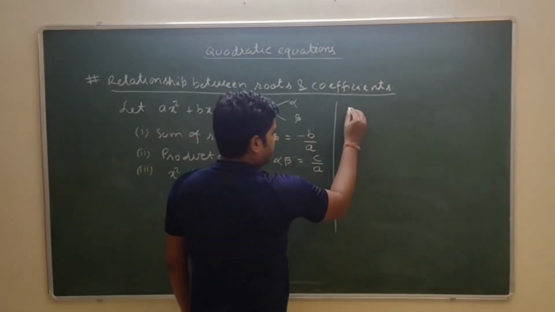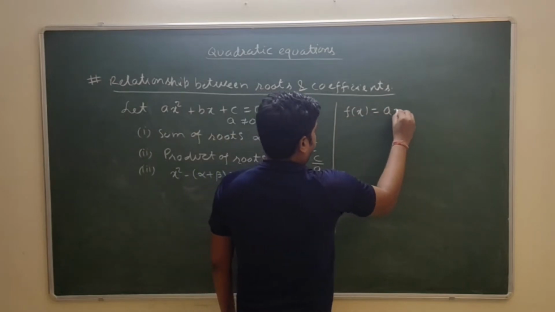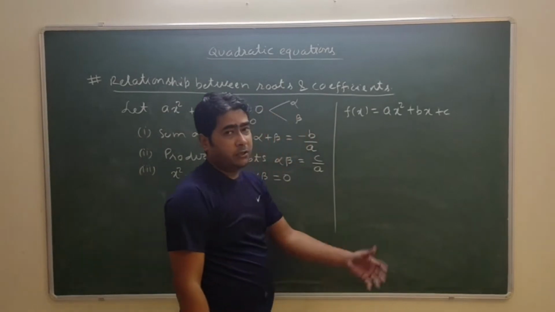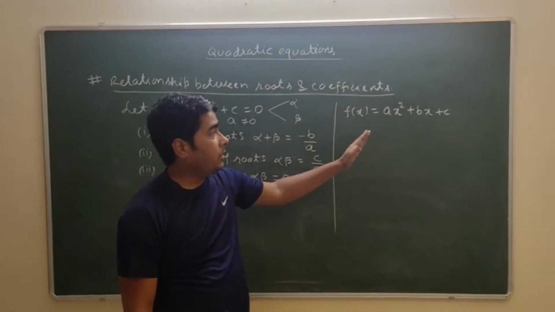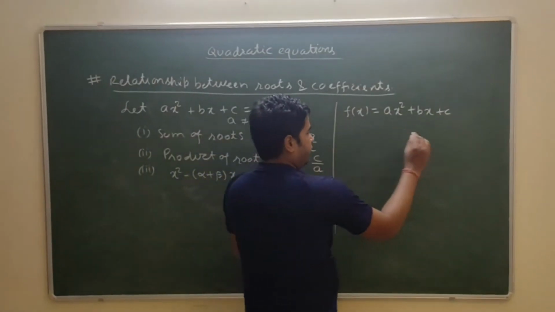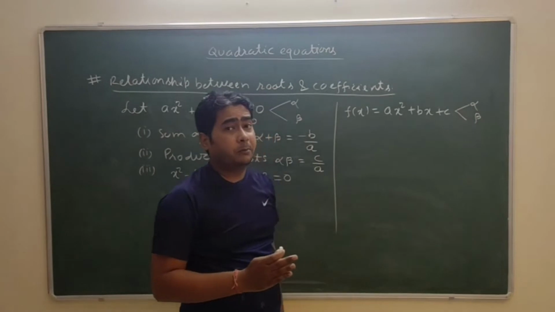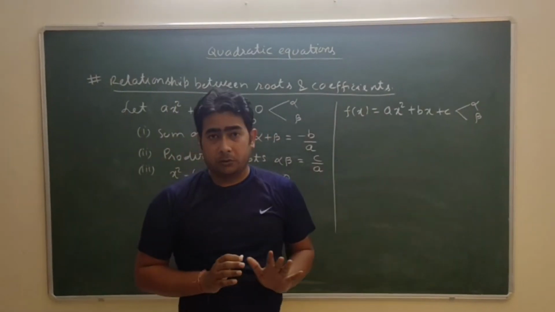In the polynomial chapter, the quadratic polynomial will be written in this form: ax square plus bx plus c. There will not be any zero on the right hand side. This is the standard form of writing a quadratic polynomial. For this polynomial, alpha and beta serve the same purpose, but we will not call them roots. We will call them zeros.